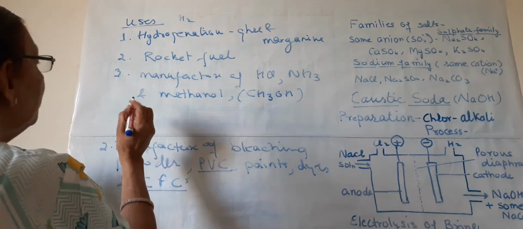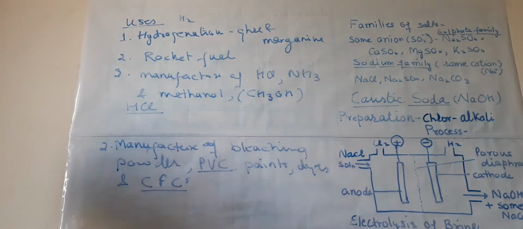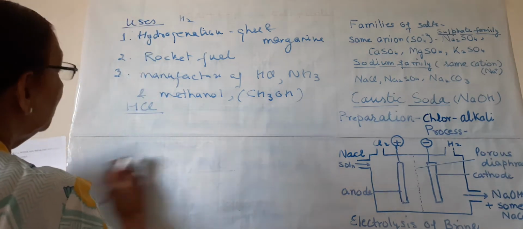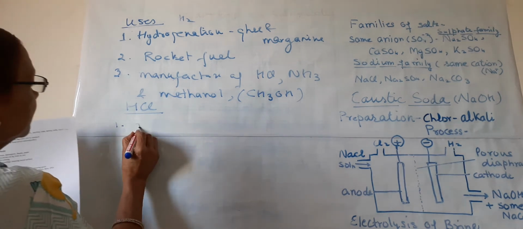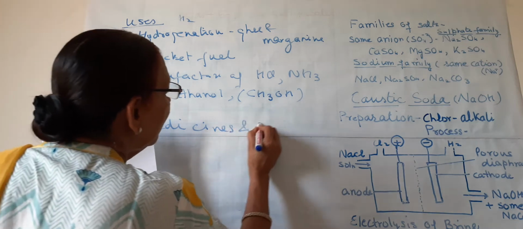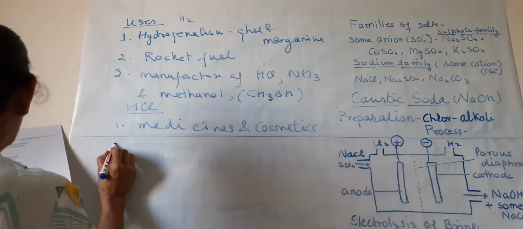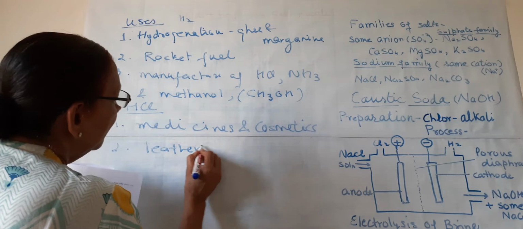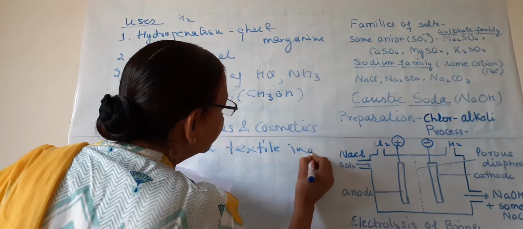Next are the uses of hydrochloric acid. So where is this hydrochloric acid used? Hydrochloric acid is used for making medicines and cosmetics. Second, it is used in leather and textile industries.